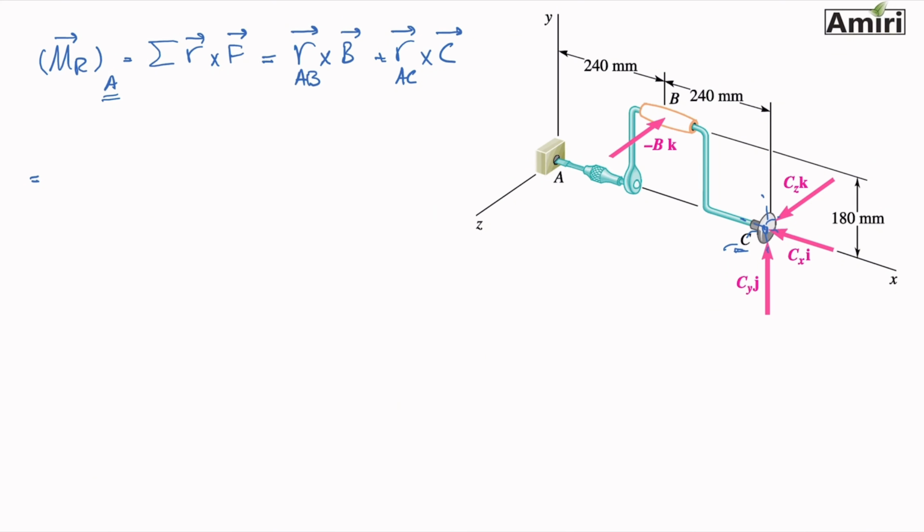So in this case, I'm just quickly going to write down and skip a little bit of math here. The I for A to B is going to be 240, and I'm converting it to meters right away. 180 in J and 0 in K.